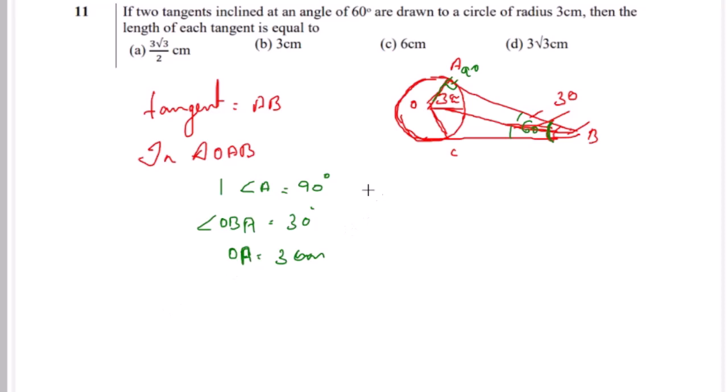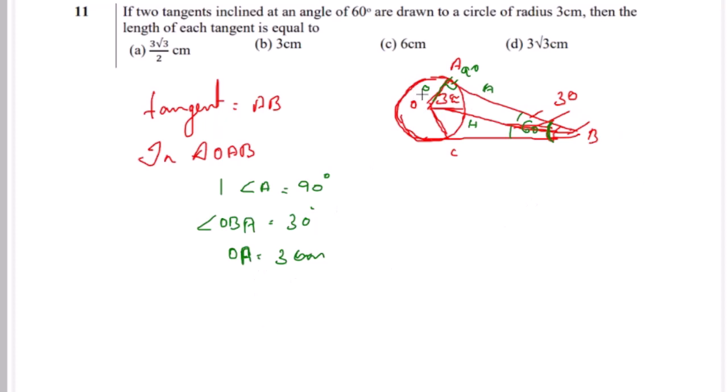The side opposite to the 90 degree angle will be the hypotenuse. This is the hypotenuse, this one is opposite and this is adjacent.